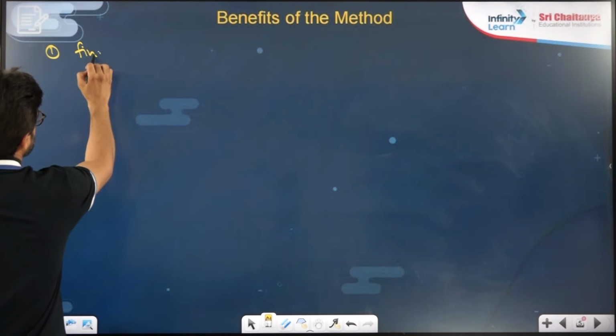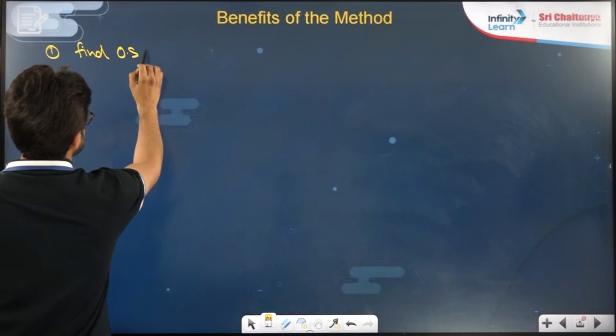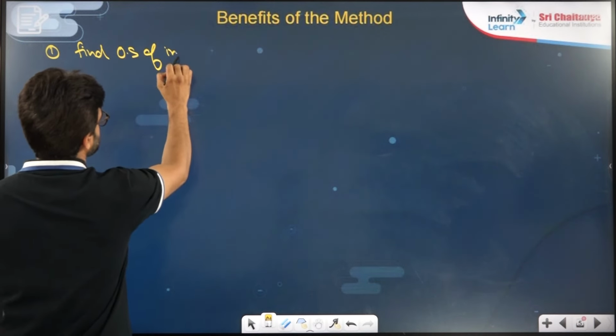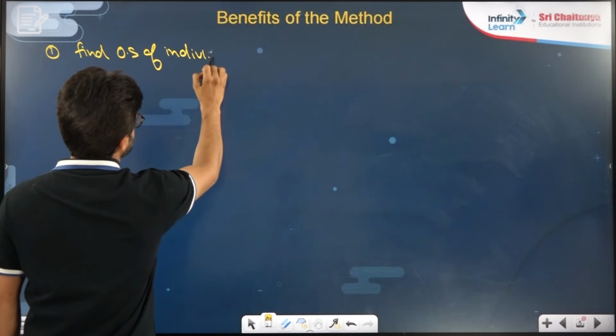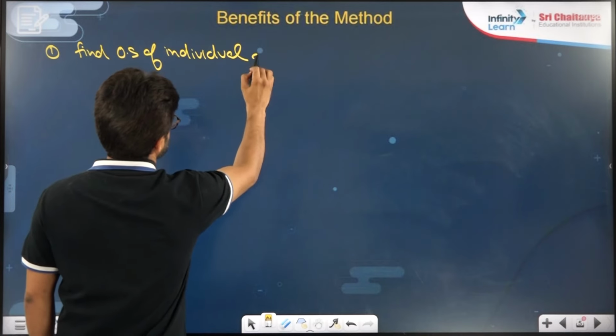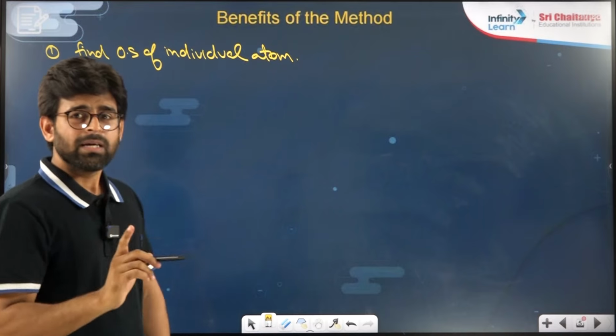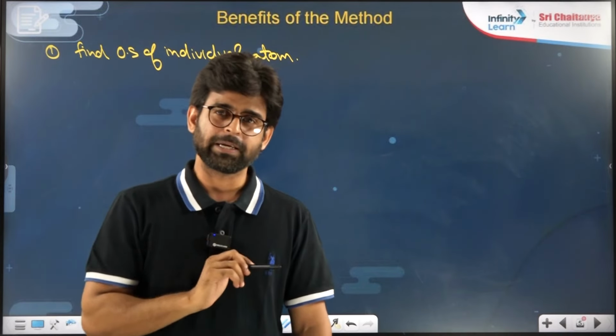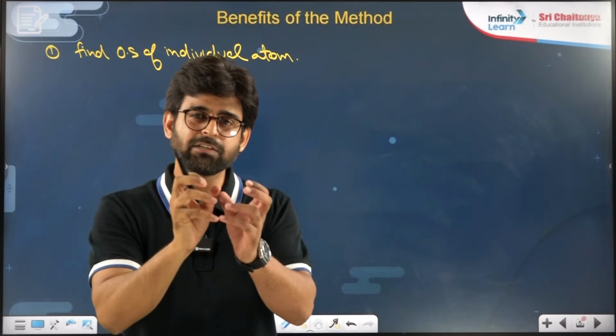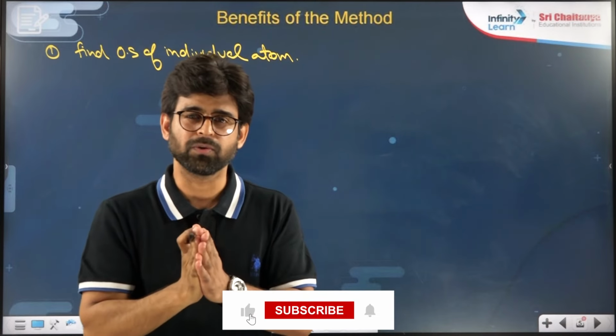Sometimes in some questions, they ask to find the oxidation state of an individual atom. The formula always gives us the average only. Imagine I have 3 phosphorus atoms in my molecule.